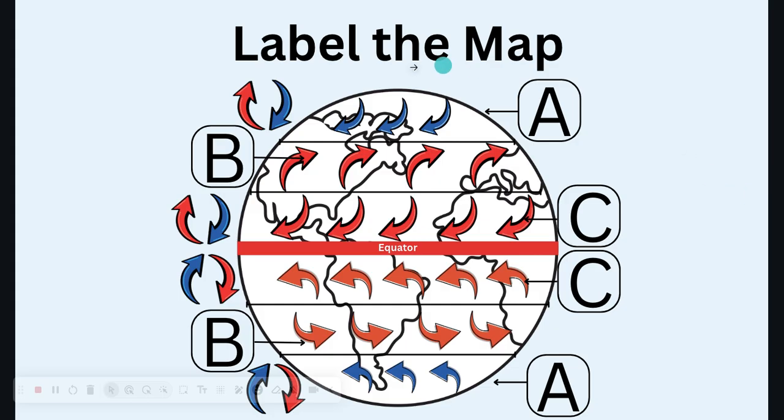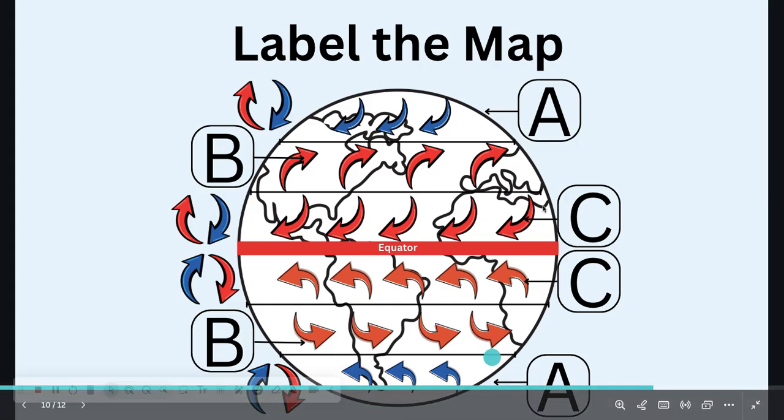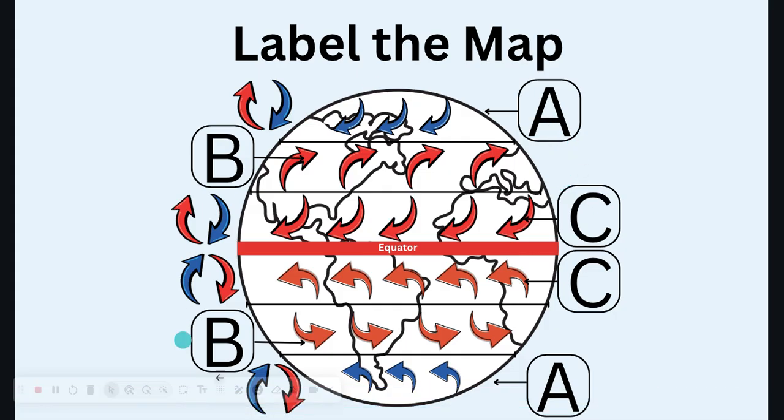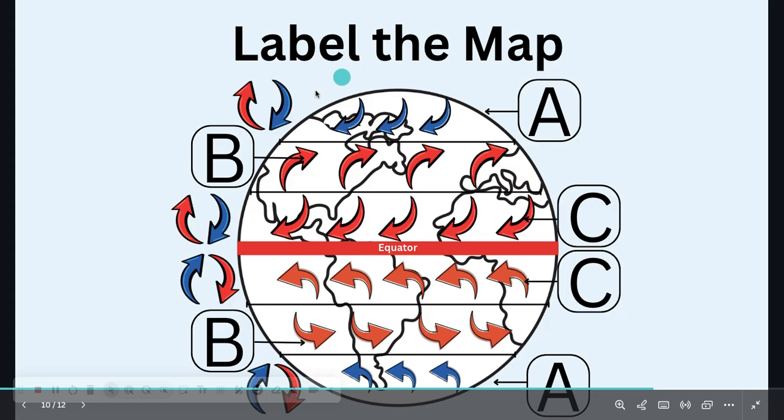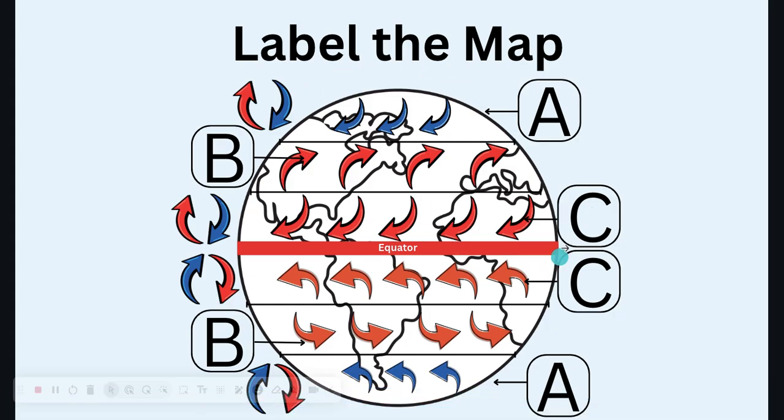Okay, so on your next page, your opposite page in your notebook, you are going to draw this and you are going to label it. So start with a circle and then cut it in half and label that half your equator.